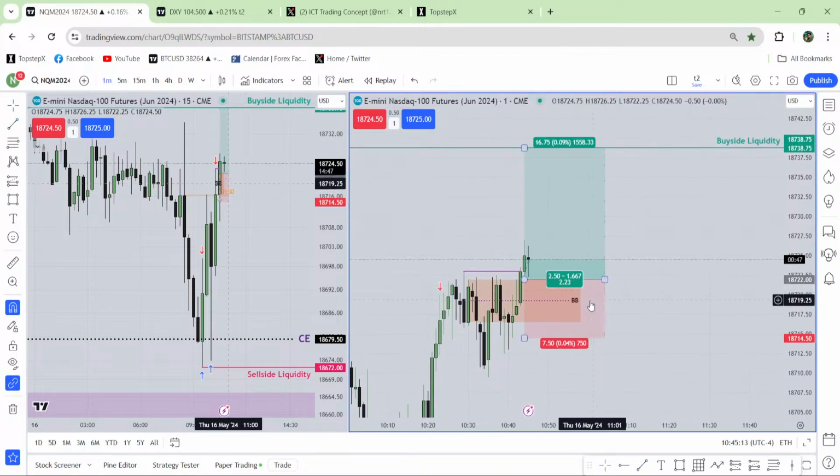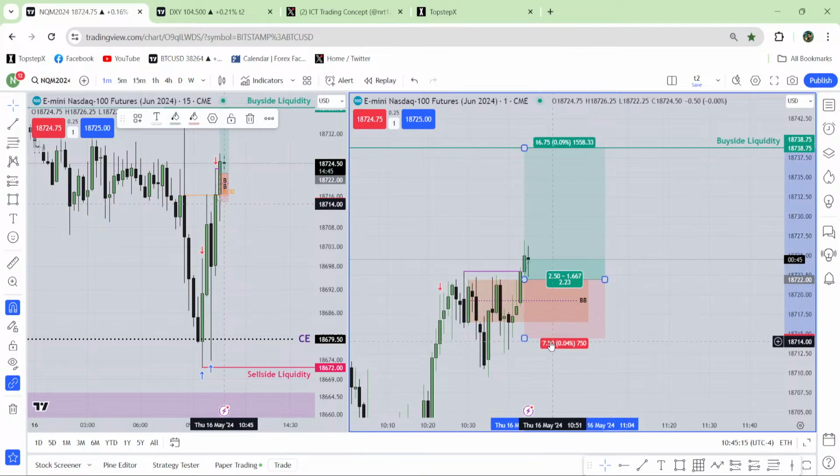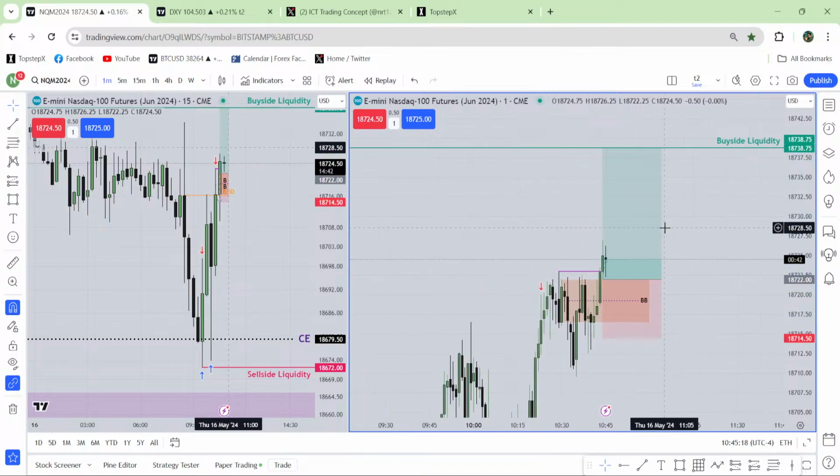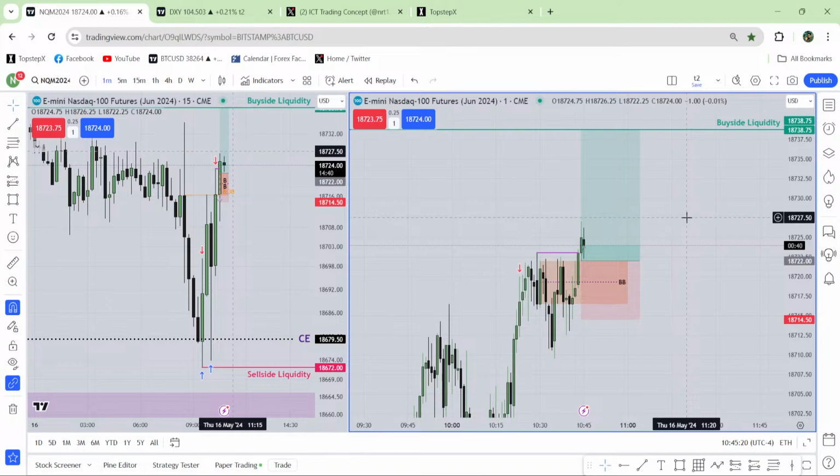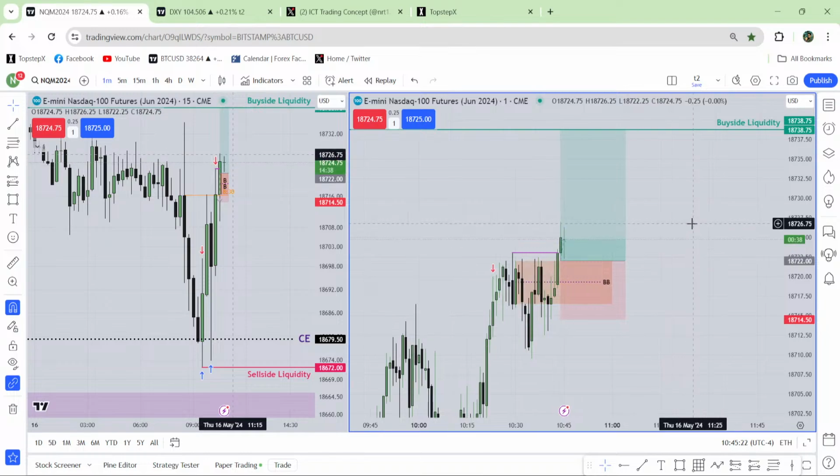There is no fair value gap, and with an 8 handle stop loss or to take it, I'm not going to push my button. The reason is I have already pushed my button 2 times.